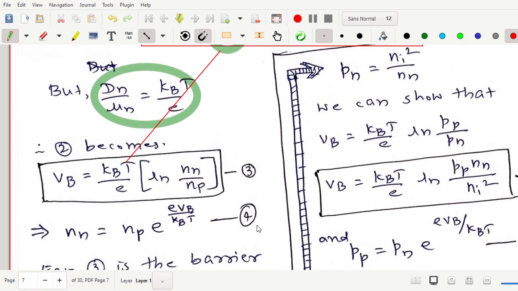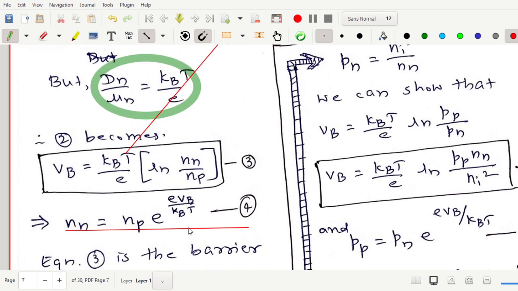If we rearrange these things, applying ln on both sides and doing some logarithmic operations, this can be written as nn is equal to np e raised to eVB by kBT.